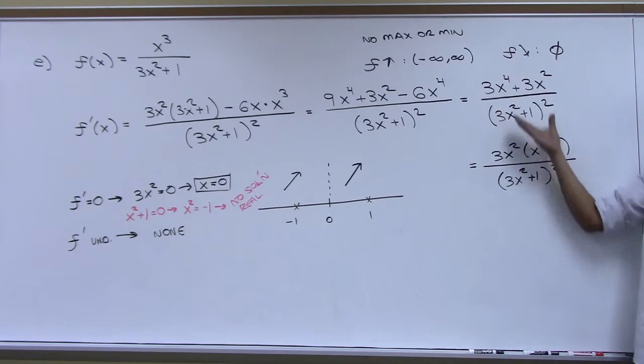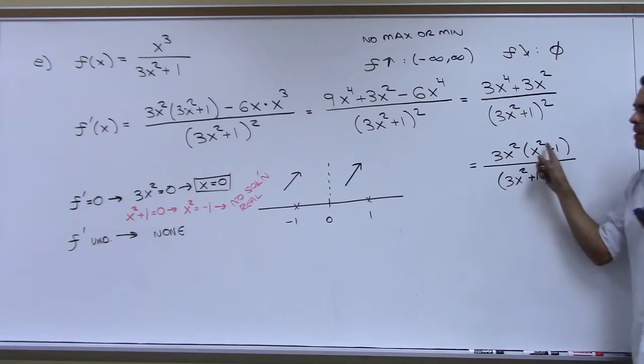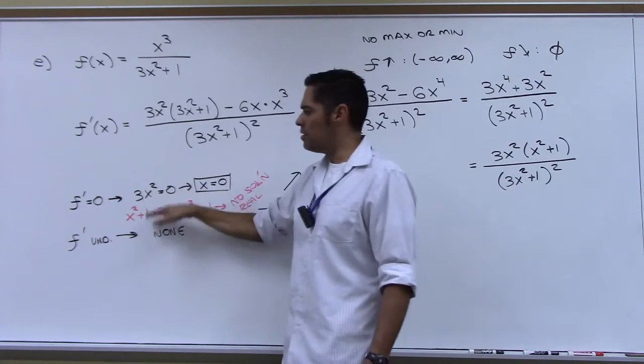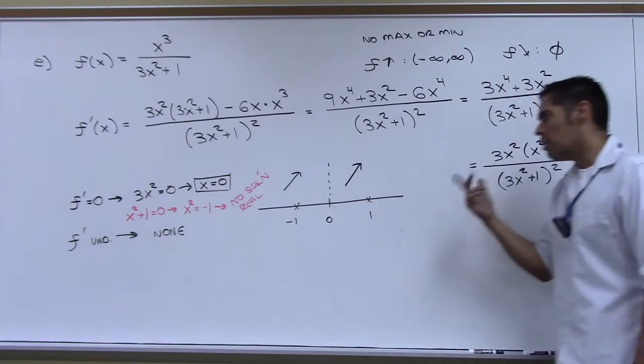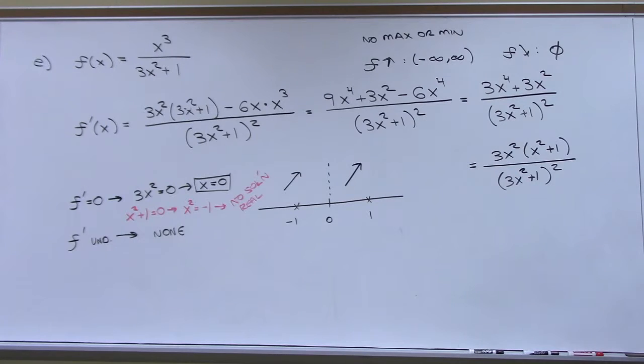Here I get a GCF. Set the top equal to 0. It's these two equations, but only one of them works. The other one is a non-real answer. The bottom is never 0, right? For the same reason that this x squared plus 1 can't be 0. That one wasn't as bad as I thought it was going to be.